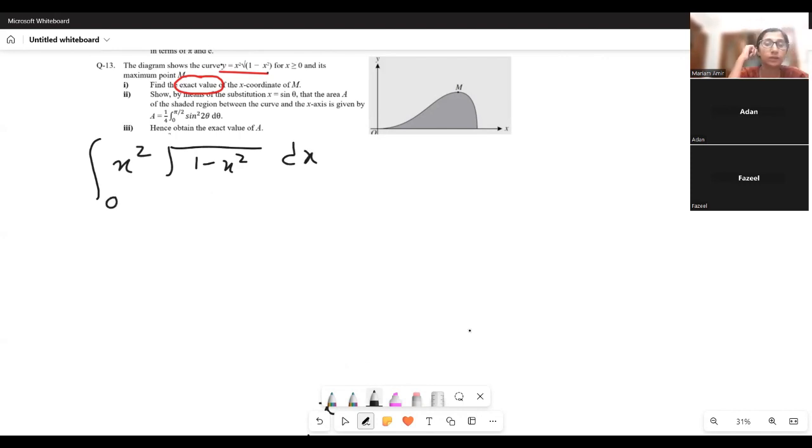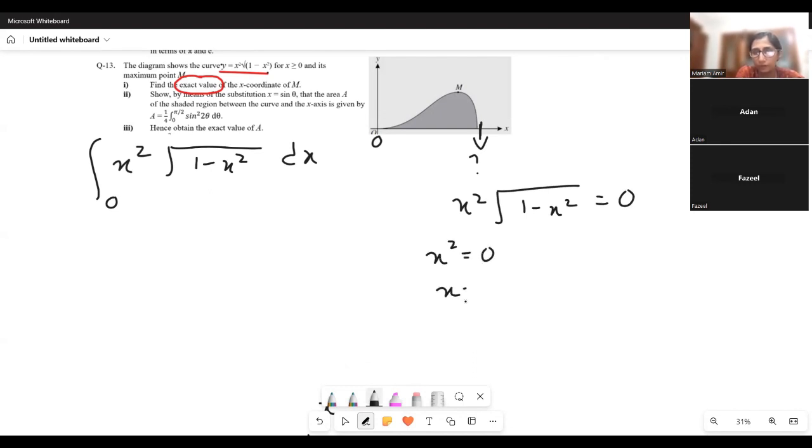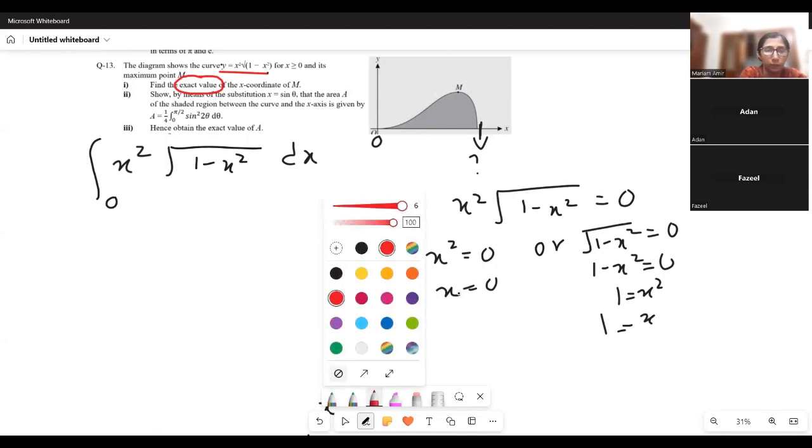One value of x is 0, the lower limit, but we have to find the upper limit. For that, we set the curve equal to 0: x square root of 1 minus x square equals 0. So we get x equals 0, which we will ignore, and square root of 1 minus x square equals 0. Squaring both sides, x square equals 1, which gives plus minus 1, but we take only plus because there the value is positive. So the upper limit of x is 1.